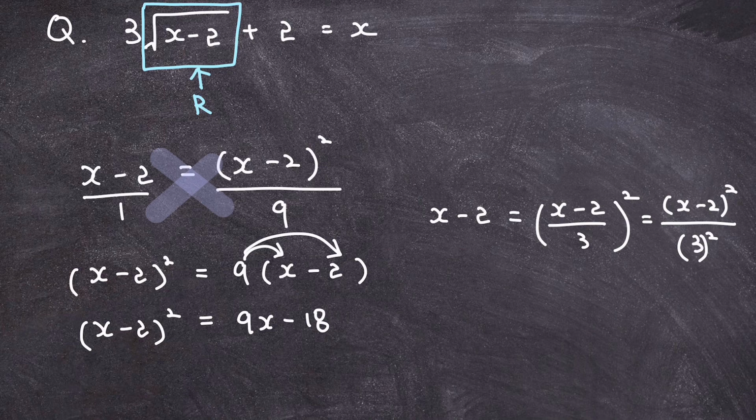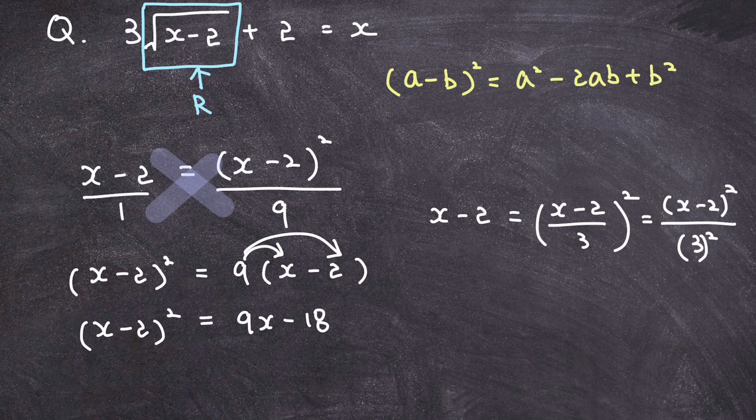Now let's square the x minus 2 here. If you remember this formula, a minus b squared is equal to a squared minus 2ab plus b squared. So let's solve it out.